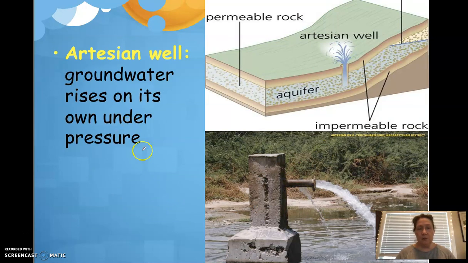So again, the artesian wells are just these aquifers that are down beneath the soil. These are naturally occurring aquifers. And one thing I do want to say about an artesian well, they are very pristine water.